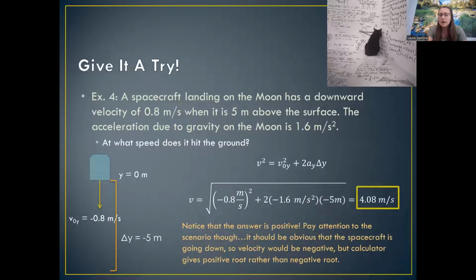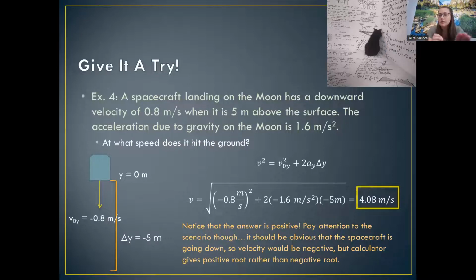Now, this is a positive answer that my calculator spit out at me. But if we look at the scenario, this spacecraft is moving downward. So based on my own choice of coordinate system, the velocity should be negative, right?